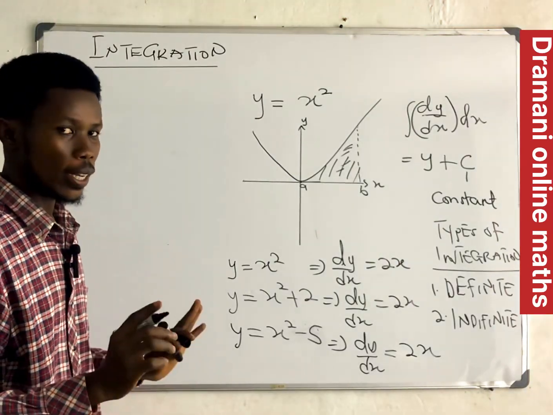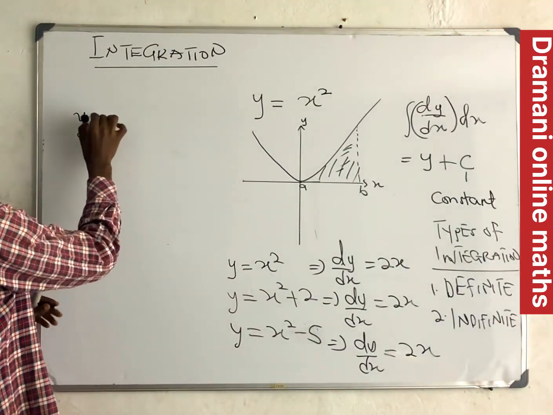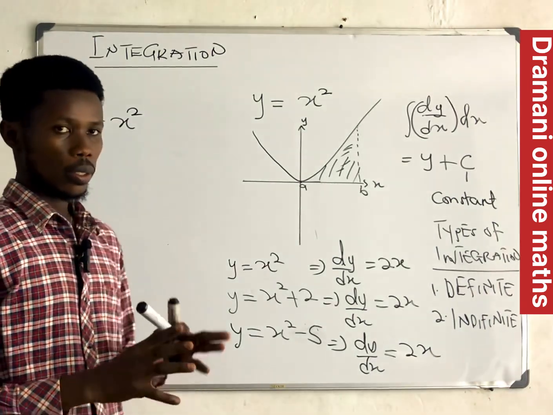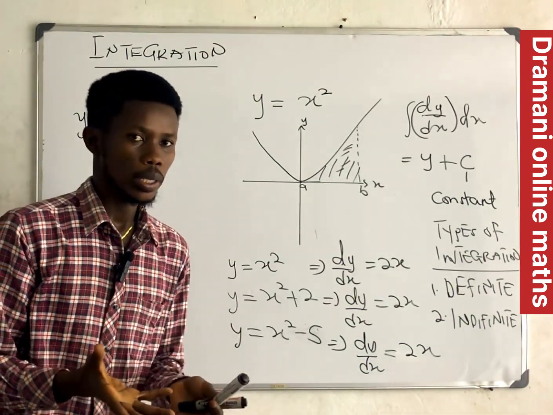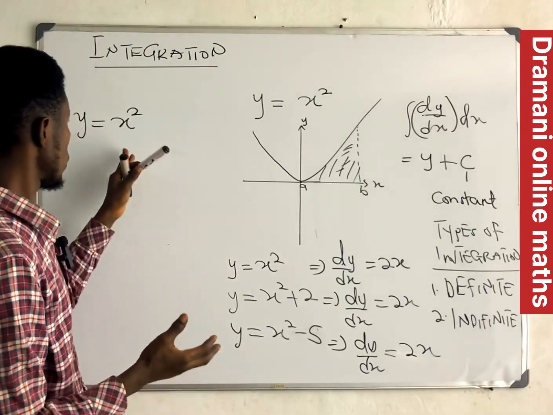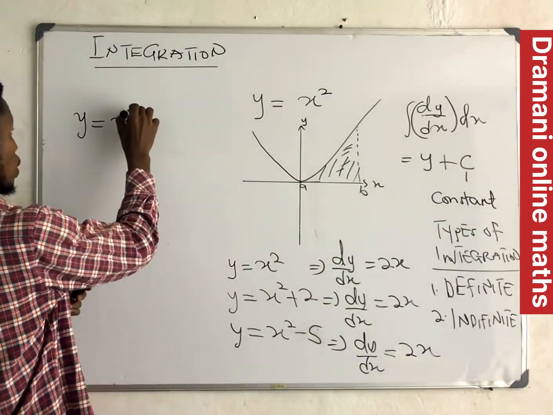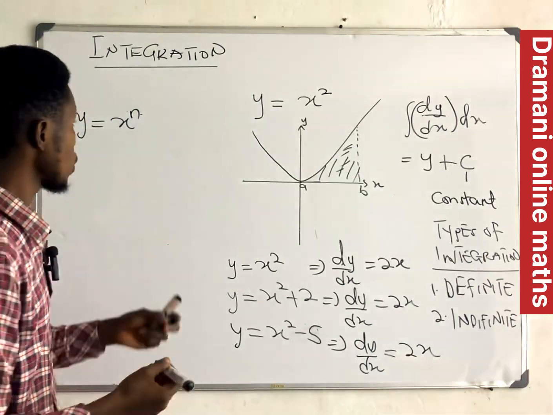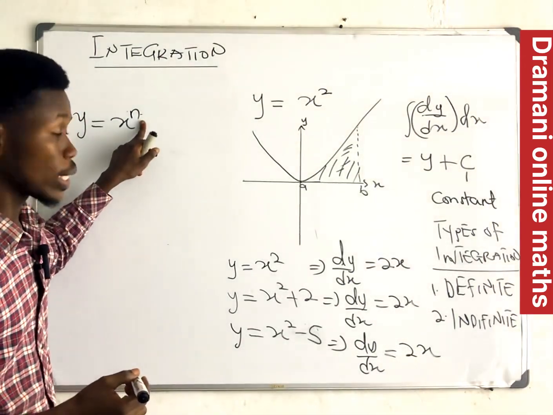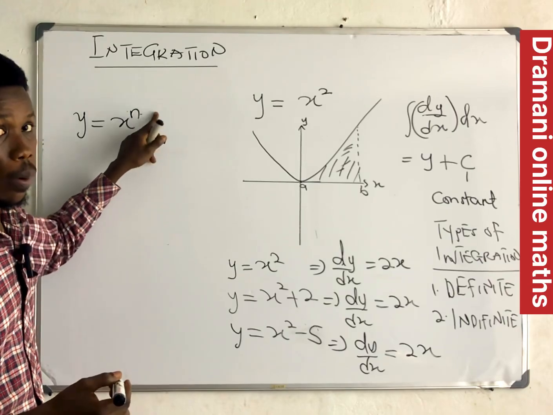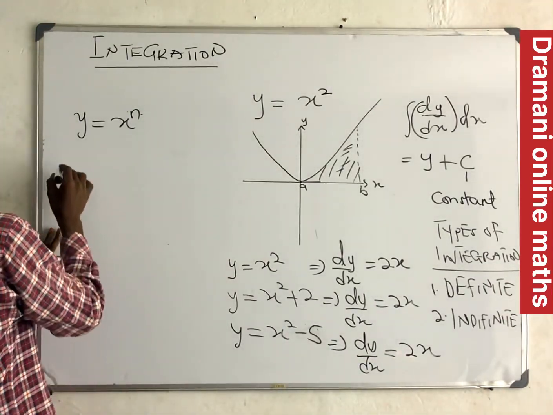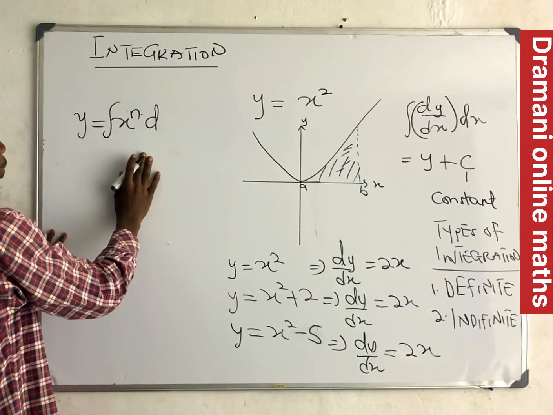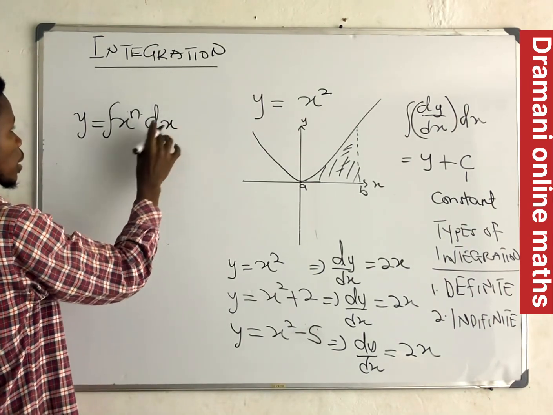Now let's look at something here. If I have y equals x squared, let me replace the 2 by n, where n is any integer. We want to integrate y equals x to the power n. To integrate, you bring the integral sign. Now you see that I'm writing dx here.